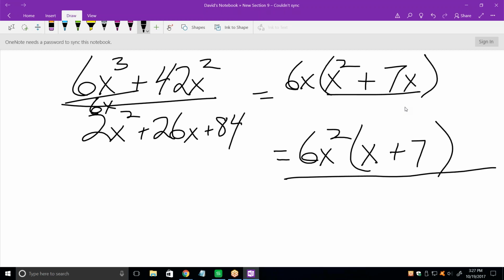Now the bottom. When you're factoring a quadratic, it's always easier if this first coefficient is 1, not any number other than 1. So is there a way I can get rid of that 2? Divide. Factor it out.